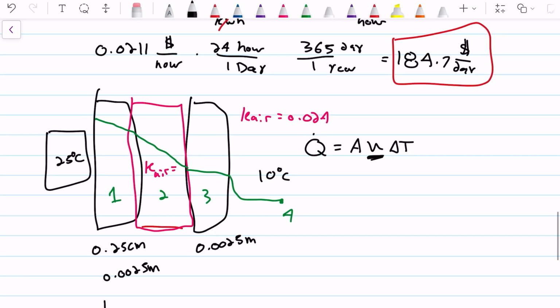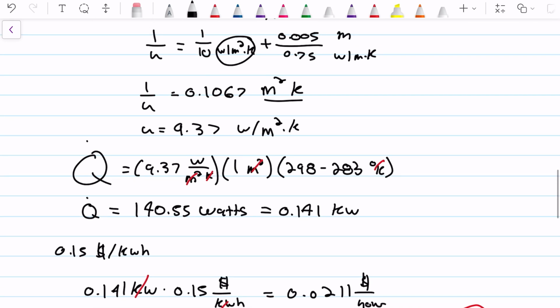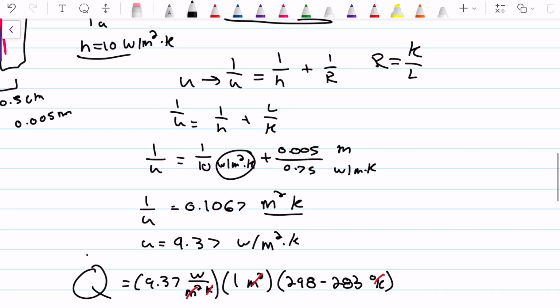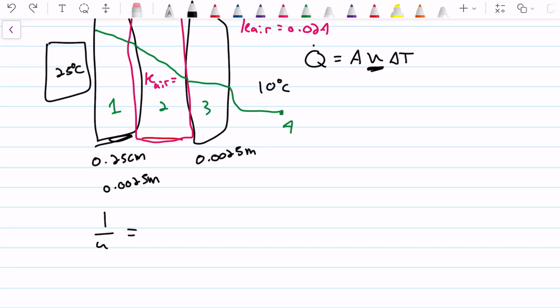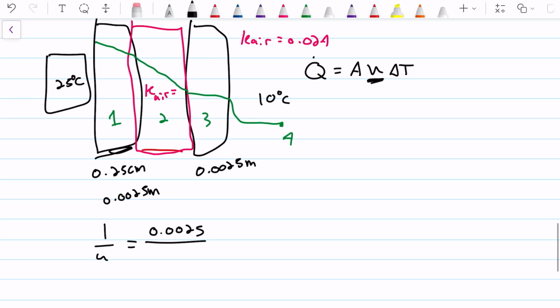For solids, in our equation, we did length over the thermal conductivity. So let's do this first one: 0.0025 over the thermal conductivity, which is in the problem, 0.75 for the glass. And then let's do the air. How thick is it? It's 1 millimeter thick, or 0.001 meters.